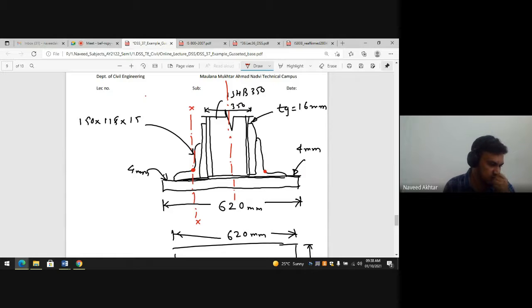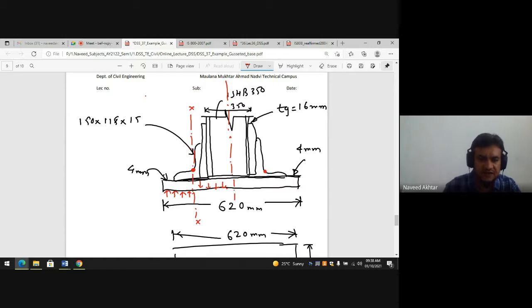From this critical section you have to find out the moment, either due to the load or due to the uplift. This is the cantilever portion from the x-axis.